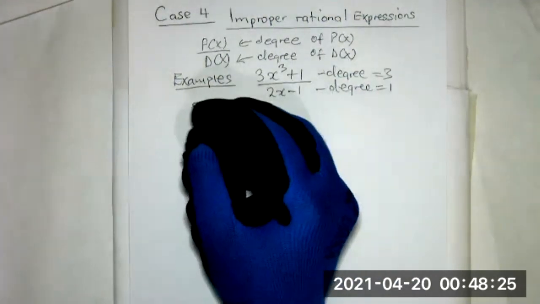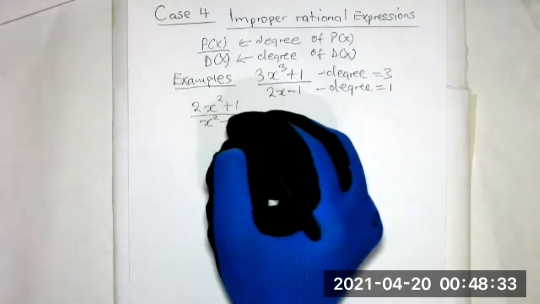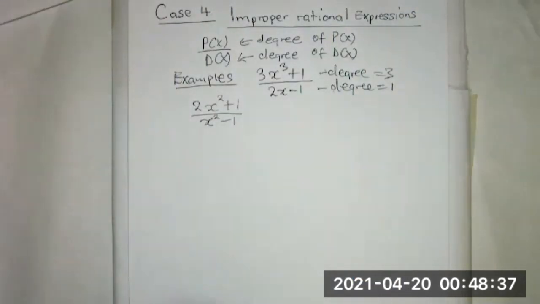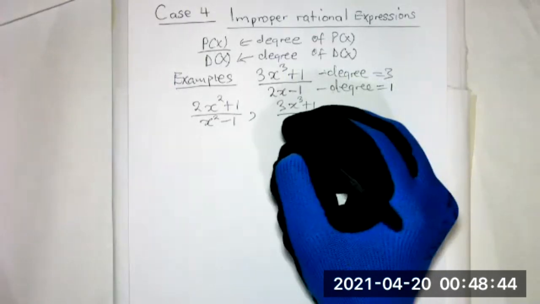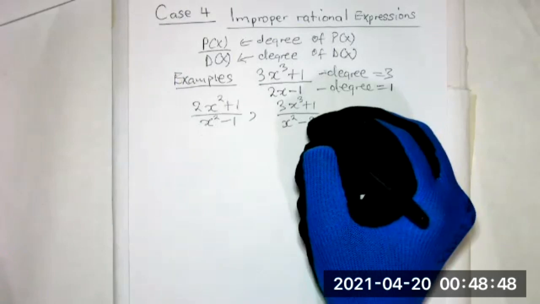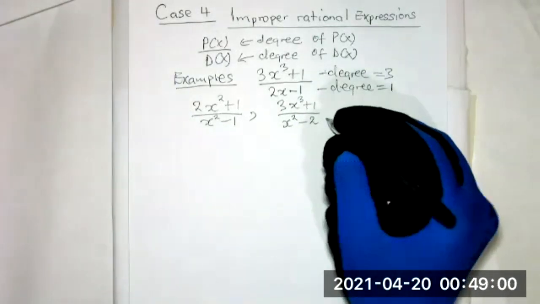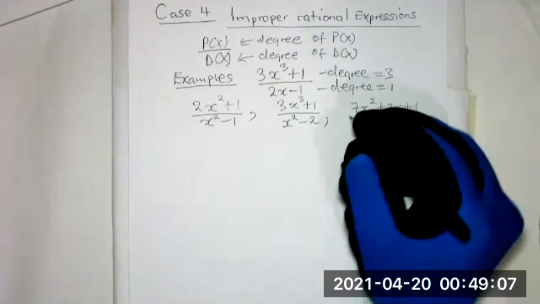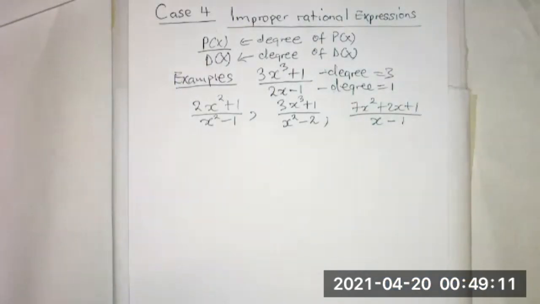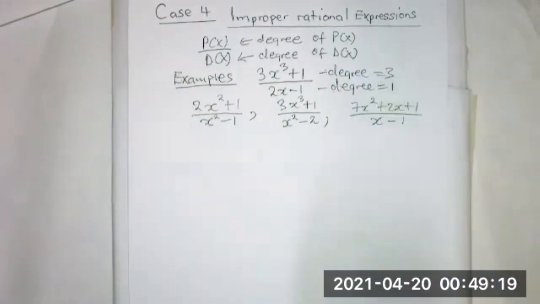With that in mind, we can easily see that 2x squared plus 1 over x squared minus 1 is improper rational because the degrees are equal. 3x cubed plus 1 over x squared minus 2 is also improper rational because the degree of the numerator is greater. 7x squared plus 2x plus 1 divided by x minus 1 is also improper rational because the degree of the denominator is less than that of the numerator.